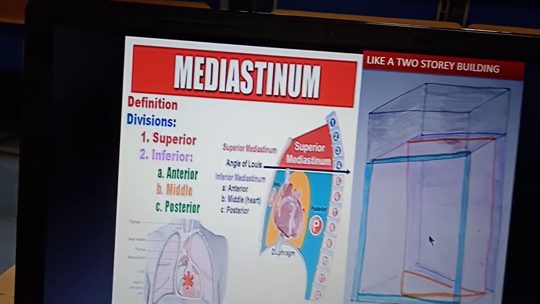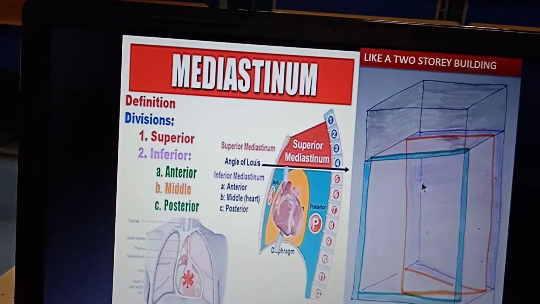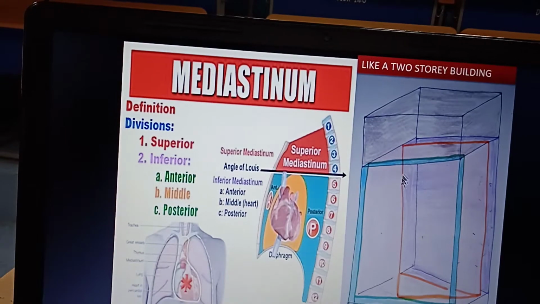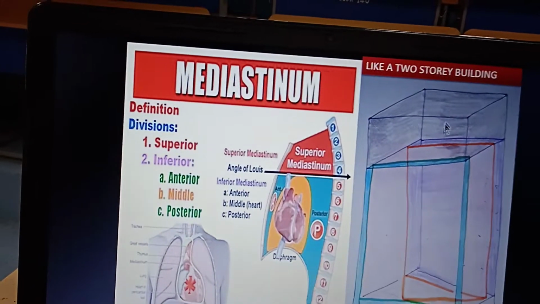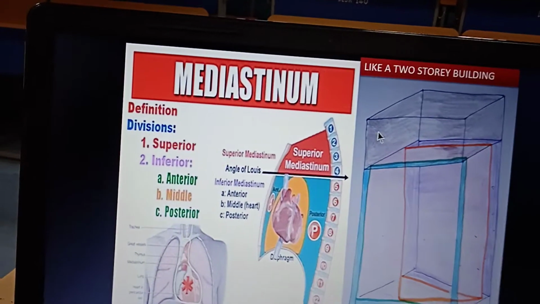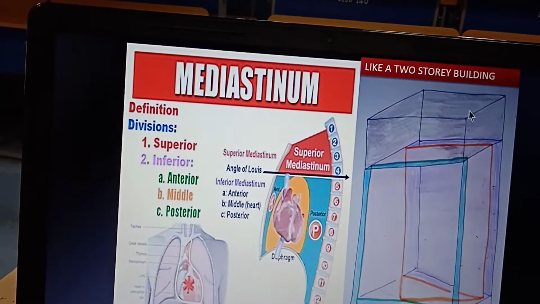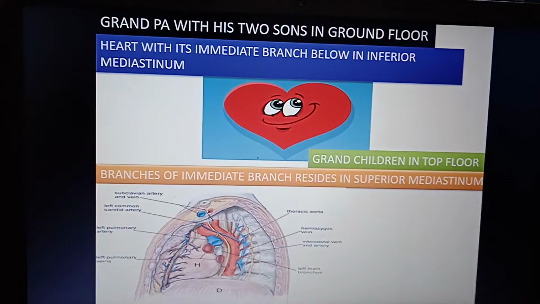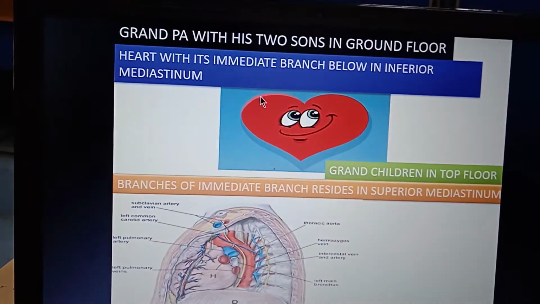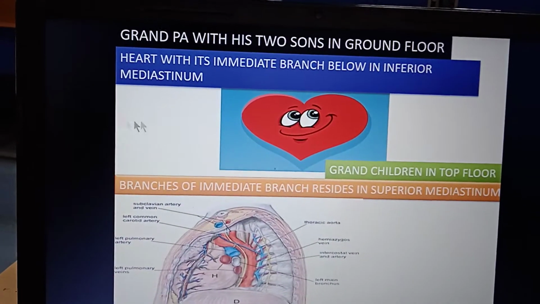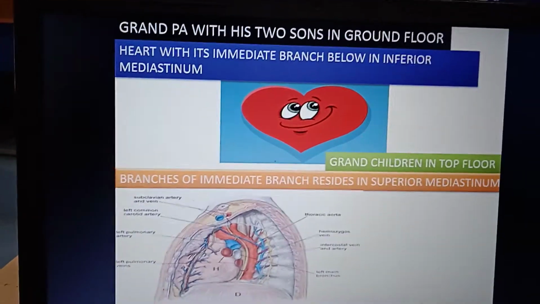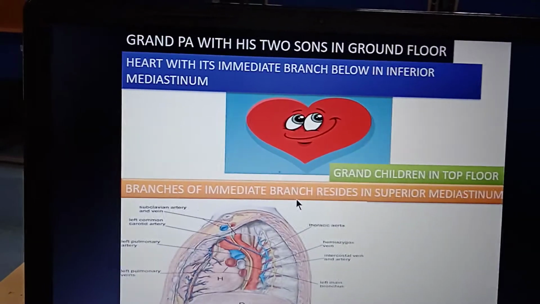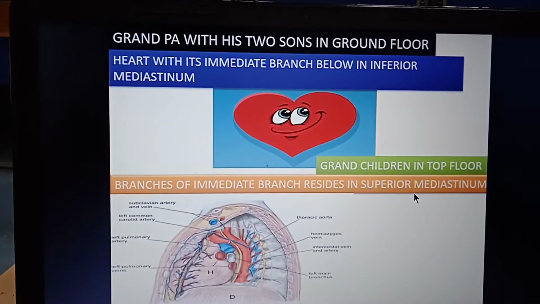So the heart and its immediate branches come under the inferior mediastinum, and the branches of those immediate branches are shifted to the superior mediastinum. So the heart with its immediate branches is below in the inferior mediastinum, and the grandchildren on the top floor, that is the branches of the immediate branches, reside in the superior mediastinum.